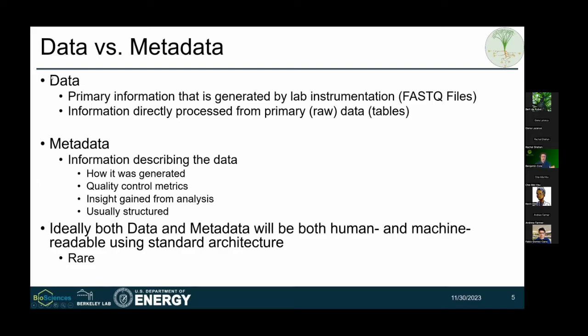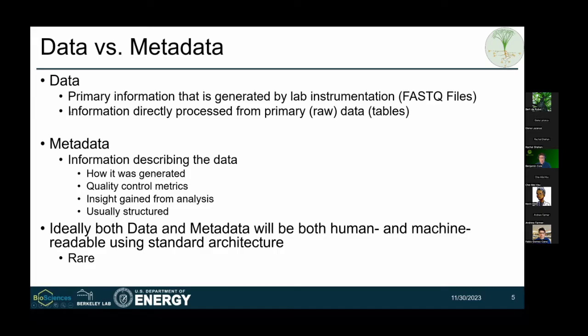And so I want to take a step back and describe what I mean by data and metadata. Data to me represents the primary information that's generated by lab instrumentation. In the single cell world, this is FASTQ files and other data that goes along with that.